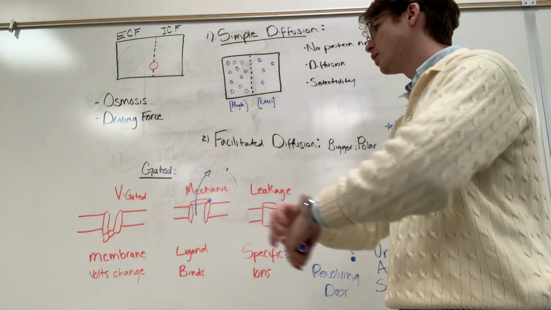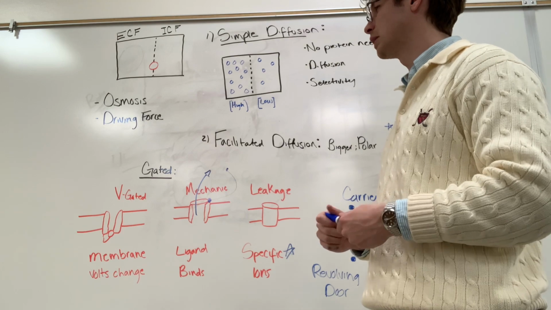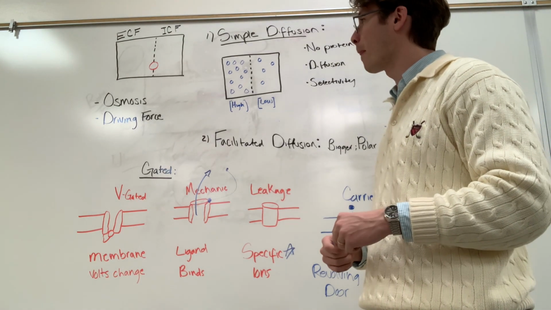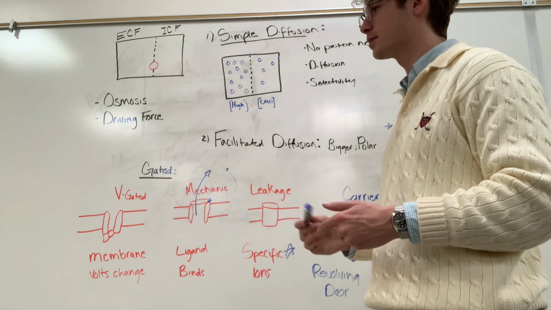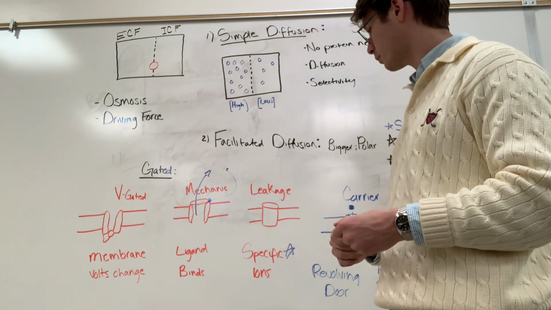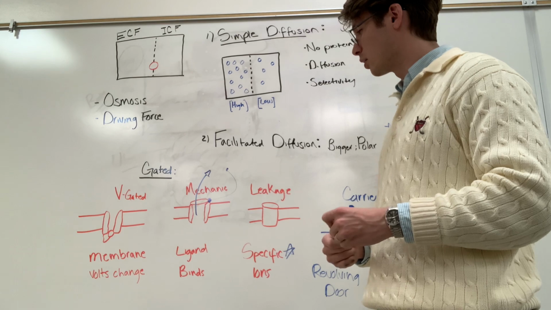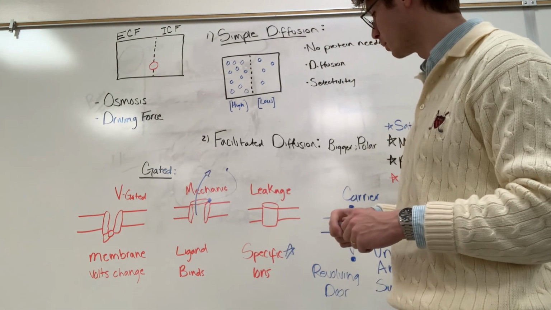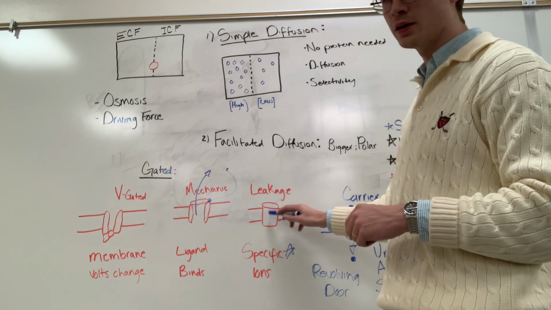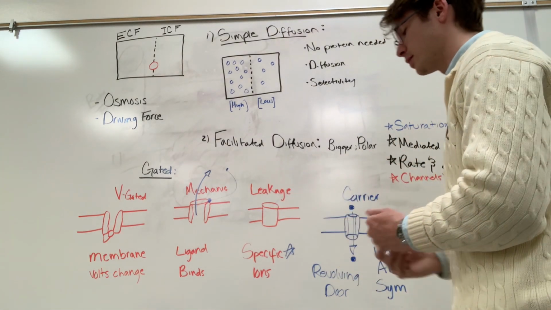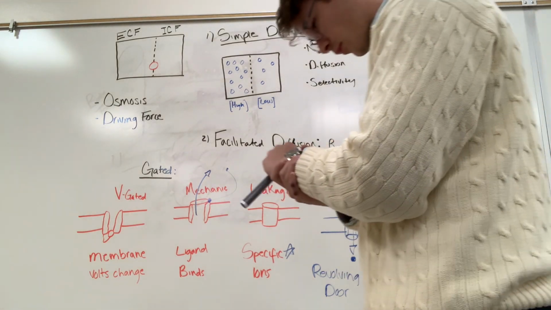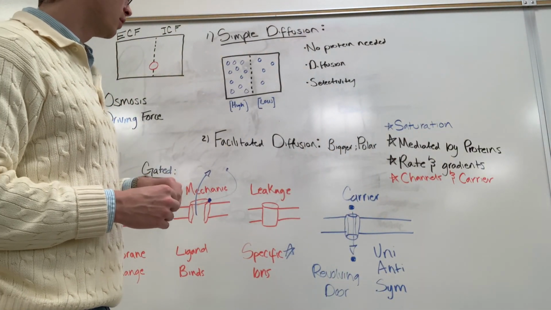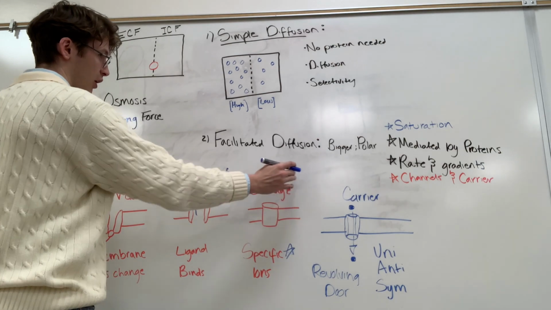So later we'll learn about a potassium leakage channel that helps dictate certain aspects about how our cell operates. I won't get into that, but it's important to remember constantly open, but very specific to what they let in or out. So those are your gated channels.